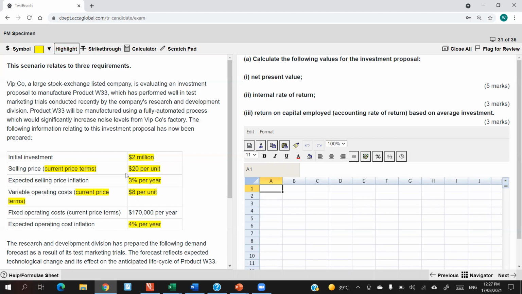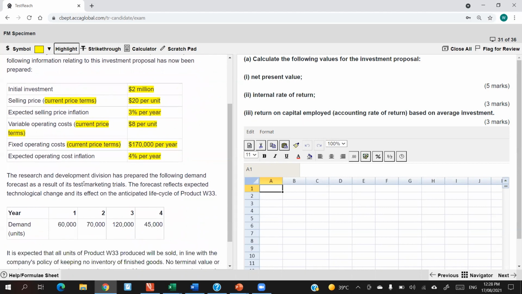And then we are also given information about fixed operating cost in current price terms, which is $170,000. Now, this is all the data we have for the operating cash flows of the profits.